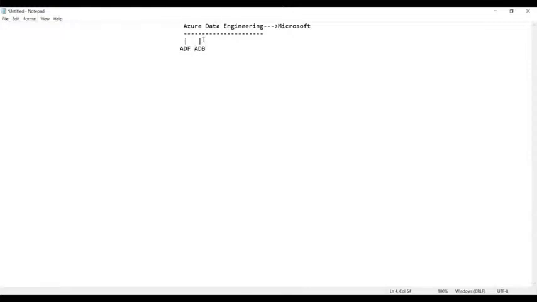Apart from Azure Databricks, we also have Azure Synapse. I'll explain one after the other, don't worry. We have many more services; some of the highlighted ones I will tell you.